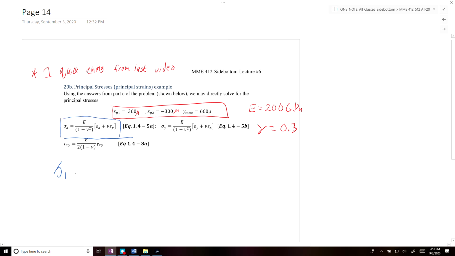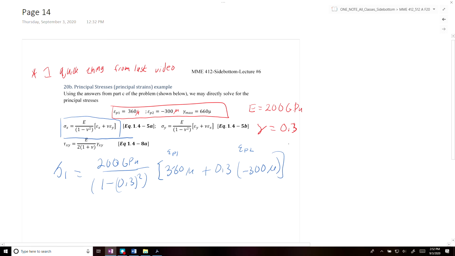Our first principal stress is equal to the Young's modulus of 200 gigapascals over 1 minus 0.3 squared, times epsilon x, which is equal to EP1, or 360 microns, plus the Poisson's ratio of 0.3 times epsilon y, which is the same thing as EP2, which is minus 300 microns.